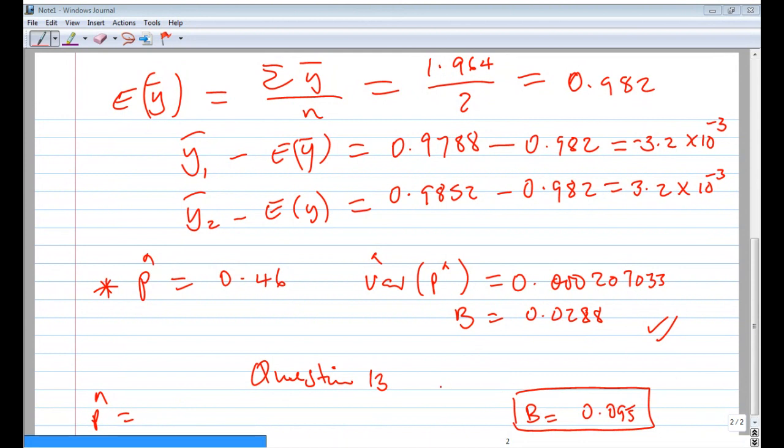Remember, to get a bound, you're supposed to get the variance first: the estimated variance of the estimated population proportion.